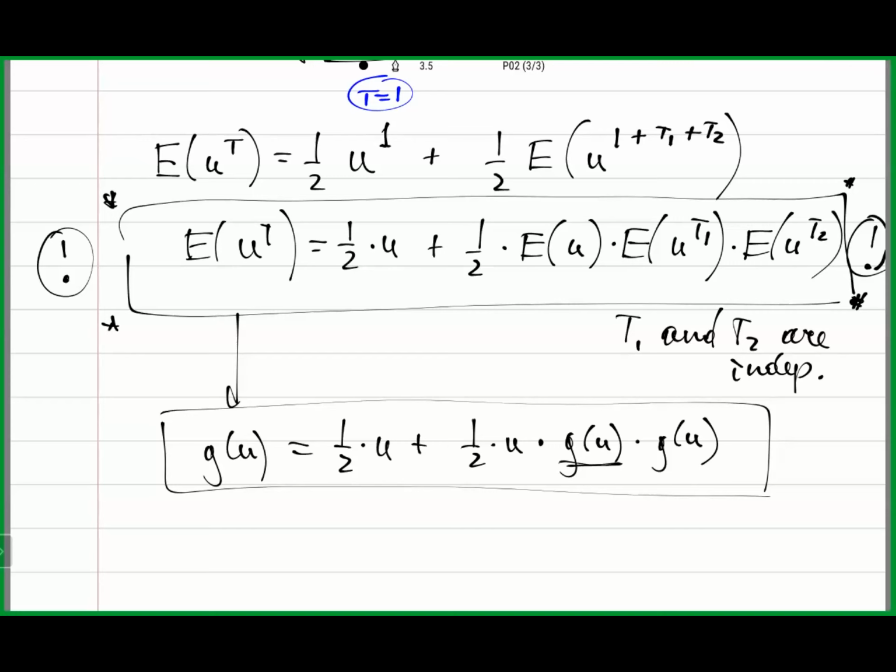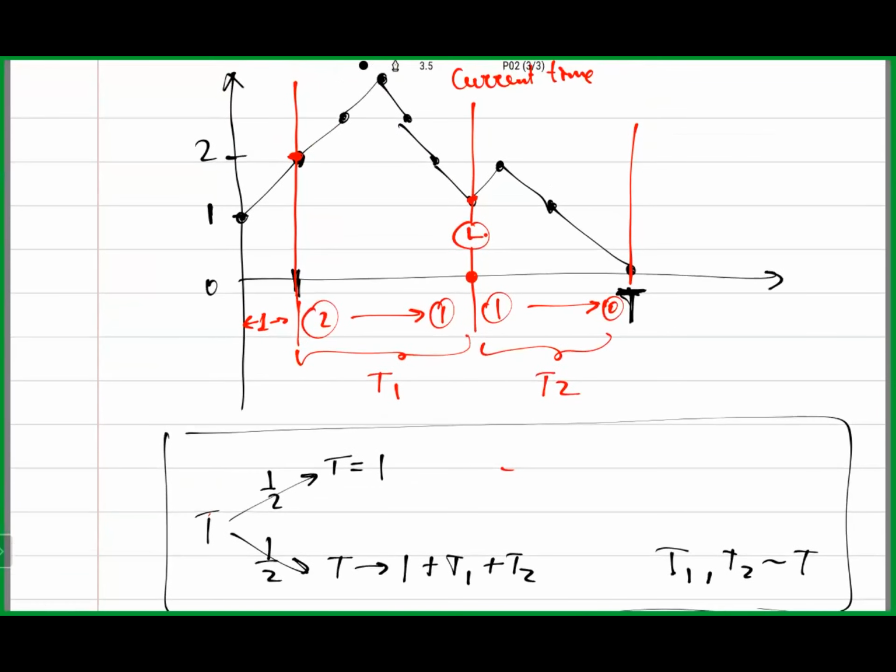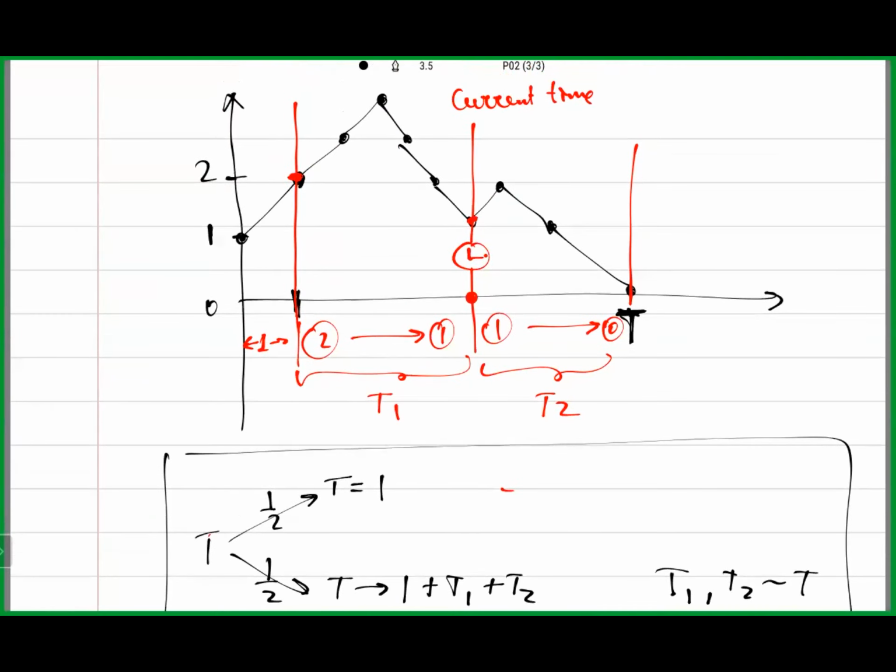They have the same distribution because what is T1? T1 is a time that you need to go from floor 2 to floor 1. And T2 is a time you need to go from floor 1 to floor 0.